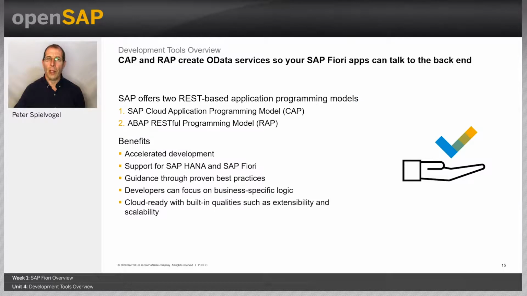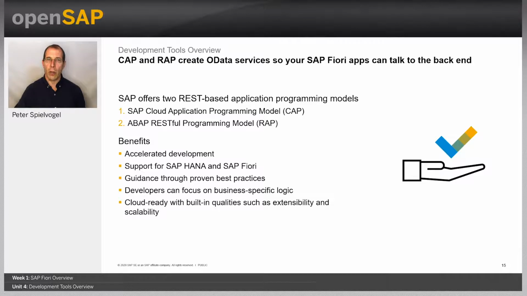We mentioned OData services as the starting point for SAP UI5 and SAP Fiori Elements apps. This is also the data source for native mobile apps. With SAP S/4HANA, there are many OData services available out of the box from SAP. If you need to build your own, we have two main options depending on whether you're planning to develop on SAP Cloud Platform or using ABAP.